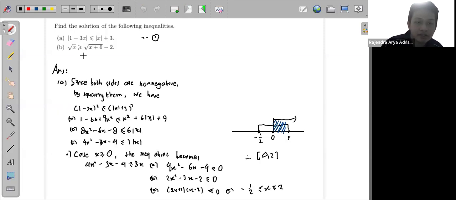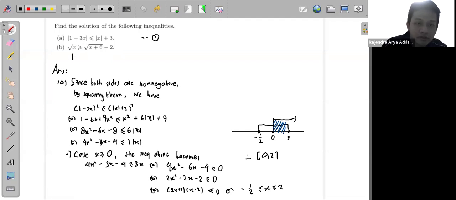Okay, once again, you can always use the classical usual method of considering the x values. But again, I want to just do it in a simple way. So notice that we have squared x on the left side, and on the right side we have a square root of something subtracted by something. In order for us to be able to square both sides, we must make sure that both sides are non-negative, right?